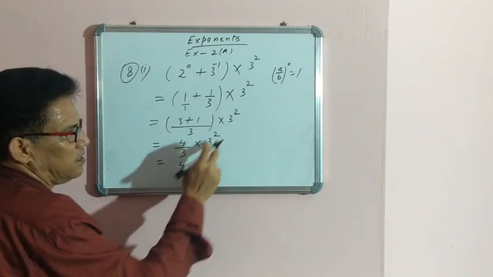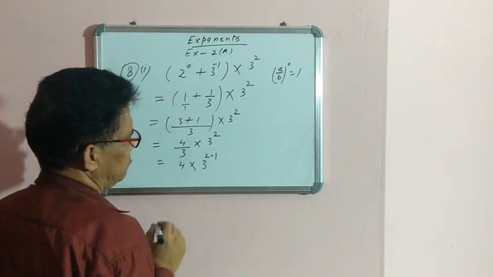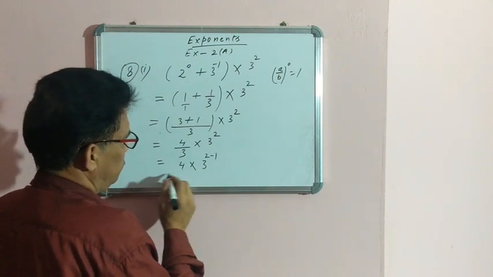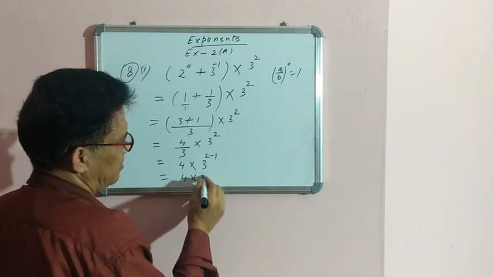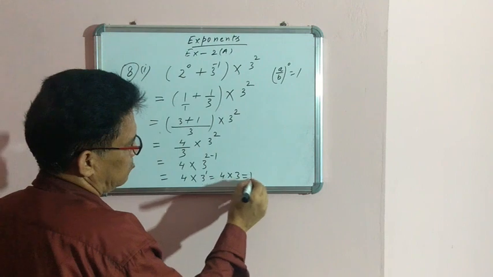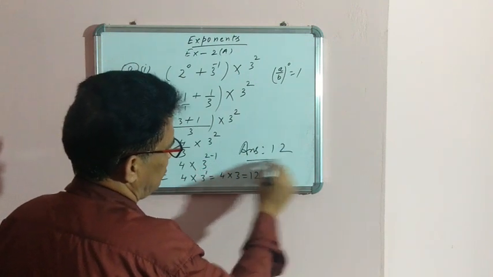So division is there, power will subtract. So 3 power 2 minus 1. So what you are getting here, 4 into 3 power 2 minus 1, that is 3 power 1, or 4 into 3, this is equal to 12. So our answer is 12.